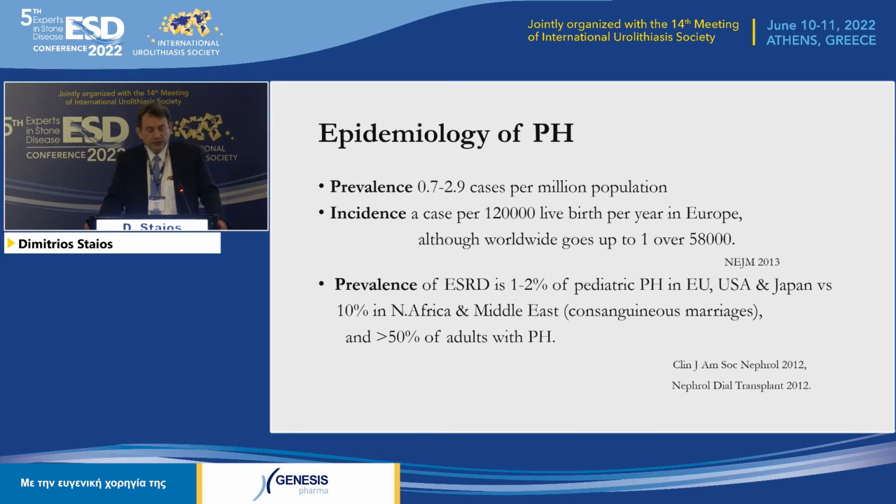The prevalence of end-stage renal disease is 1 to 2% in pediatric patients in the US, in Europe, and Japan. And this increases to 10% in Northern Africa and the Middle East due to marriages between relatives. And of course, end-stage renal disease is more than 50% in adults.